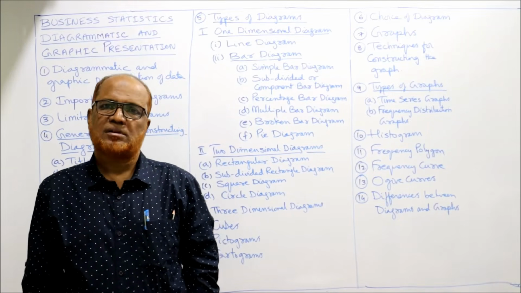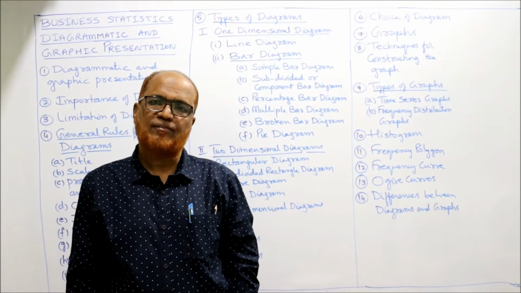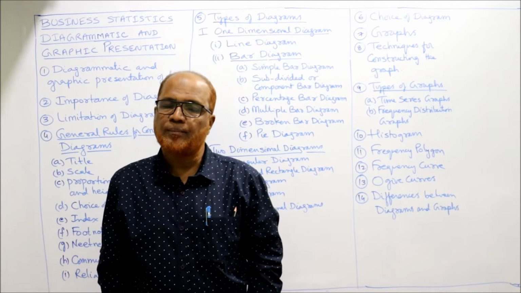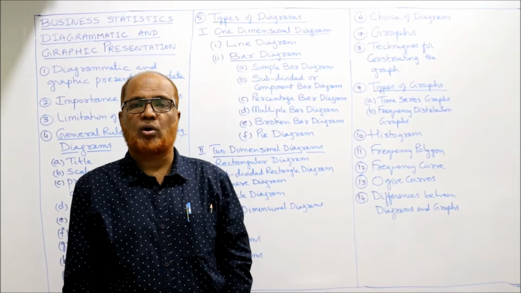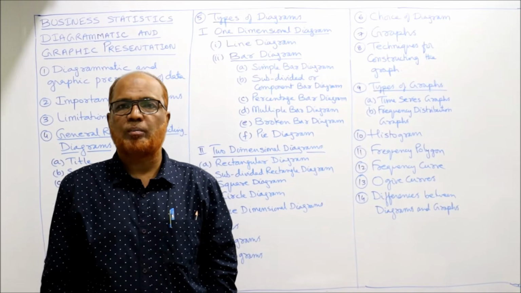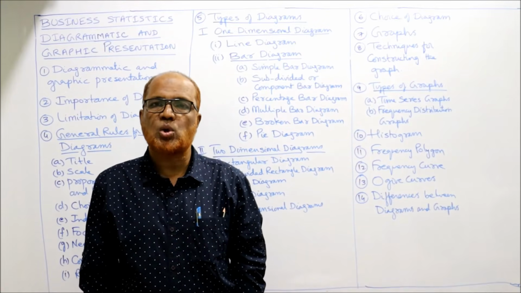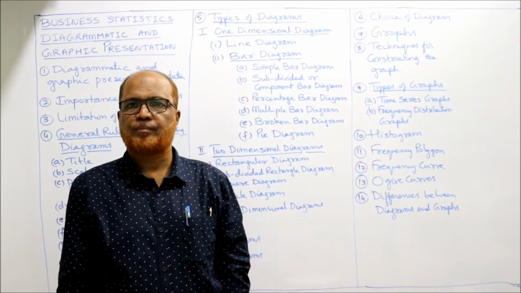Diagrams are more approximate, whereas graphic presentation is more accurate. Graphs can be used for further mathematical treatment or estimation. But diagrams are not so accurate and cannot be used for further mathematical treatment.